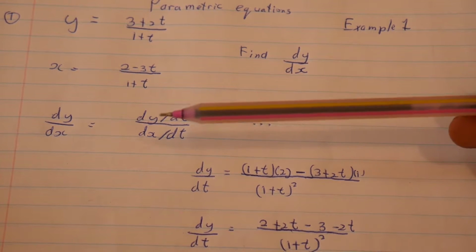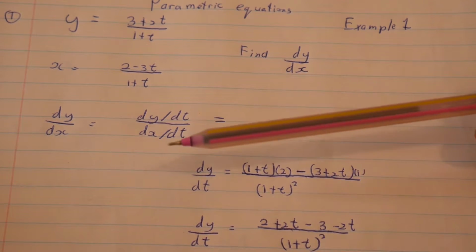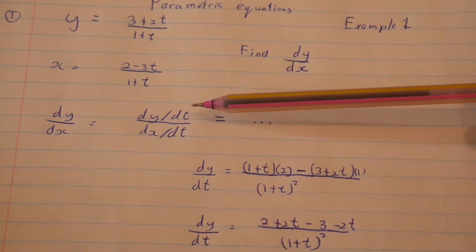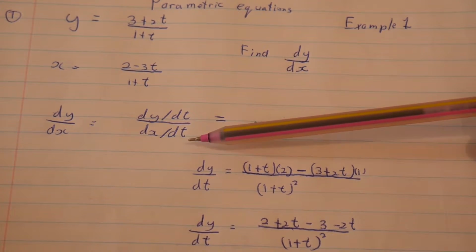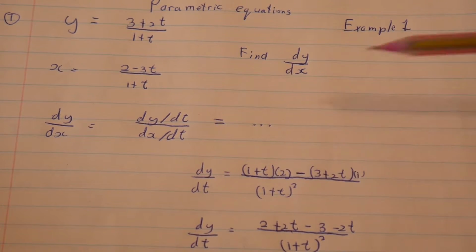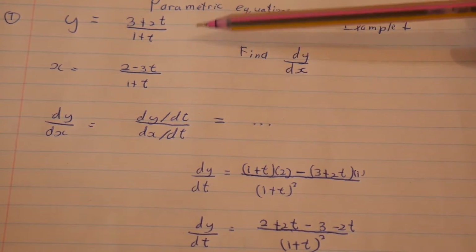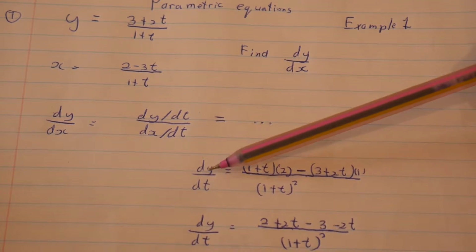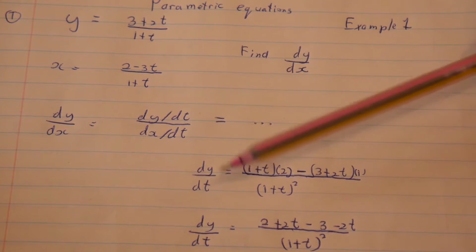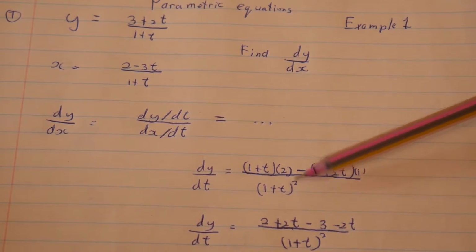Alright, so the definition of dy/dx is simple. It's just dy/dt divided by dx/dt. So you know this very well. To differentiate y with respect to t, it is over 1 plus t squared.